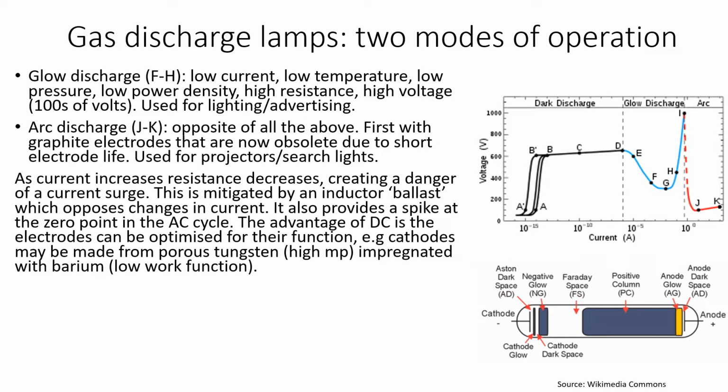When you get a sudden change in current, that would create a sudden change in the magnetic field, and ultimately these changes in magnetic field are going to resist any further current change. So effectively it damps down the tendency for it to spike.